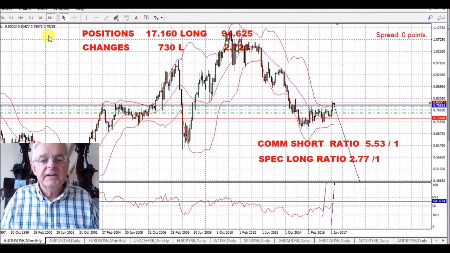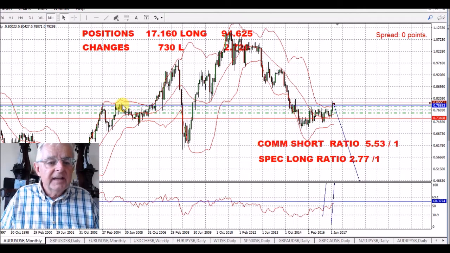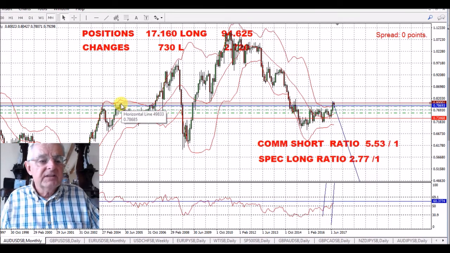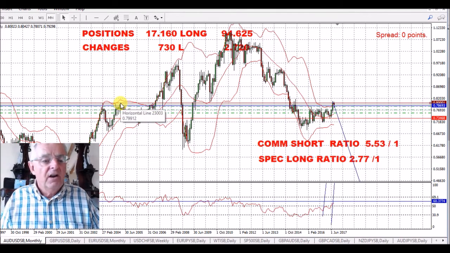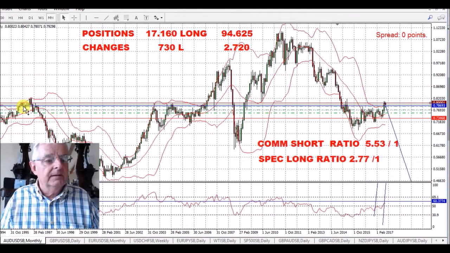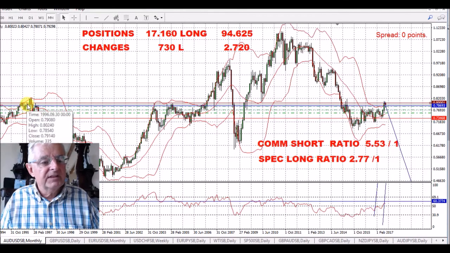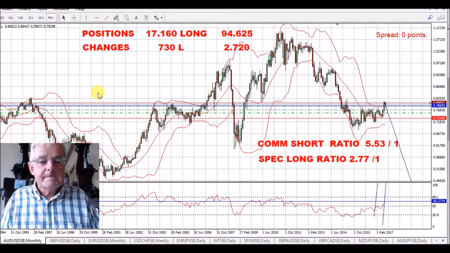This is a monthly chart, and here with the brown line we see the monthly turning points, and this is high resistance. We also have some more resistance here. That's another turning point, very small there, and this one here which brought on this big fall that we see.